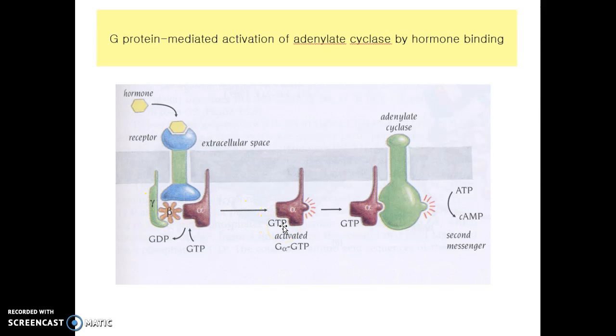The GTP bound alpha subunit binds to adenylate cyclase and activates it to make cyclic AMP. Cyclic AMP is a second messenger that affects a diverse range of cellular processes.